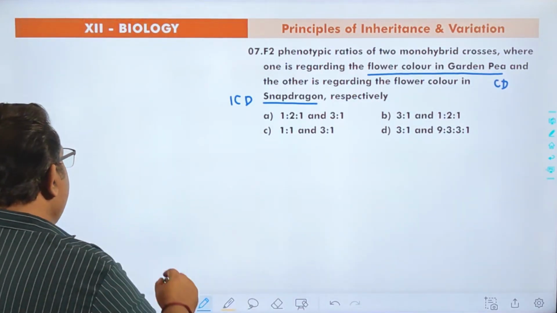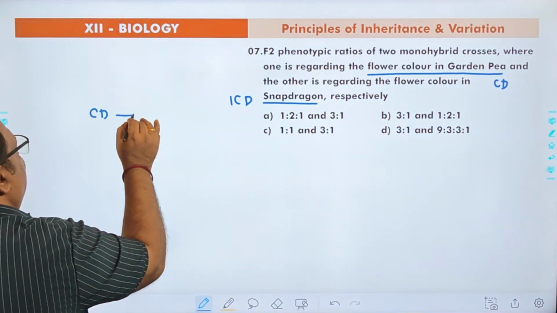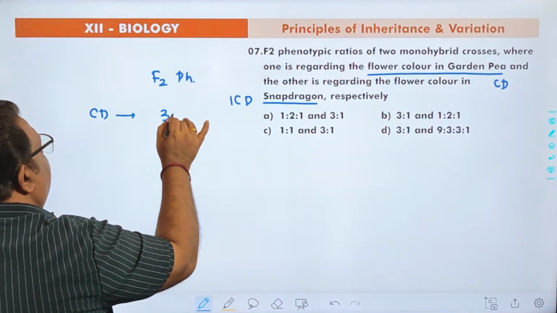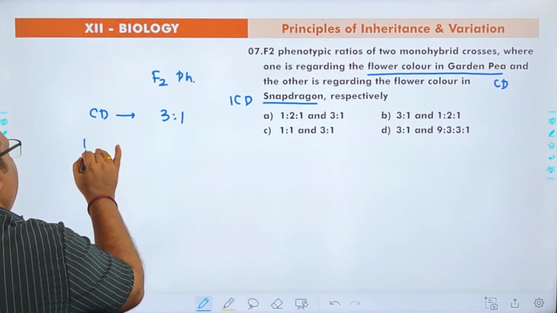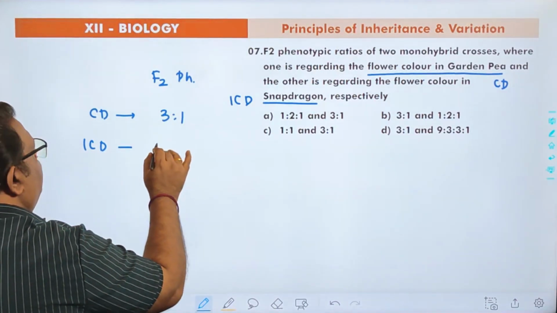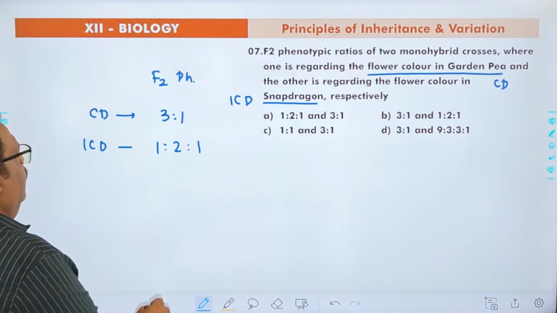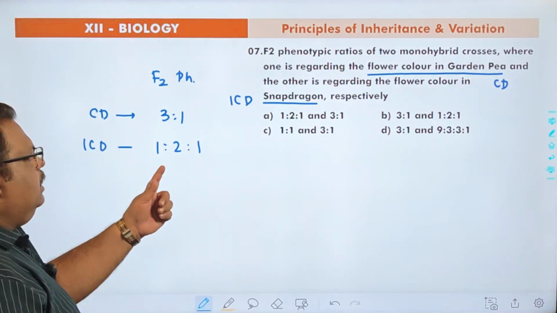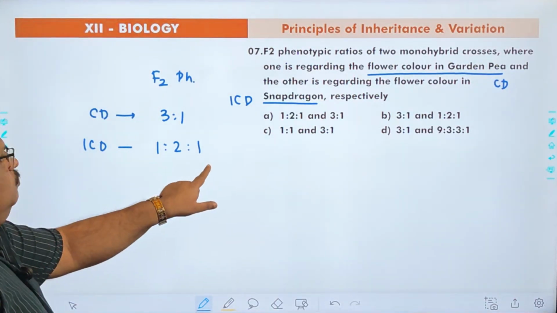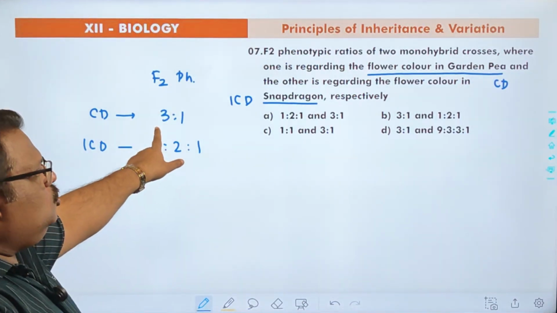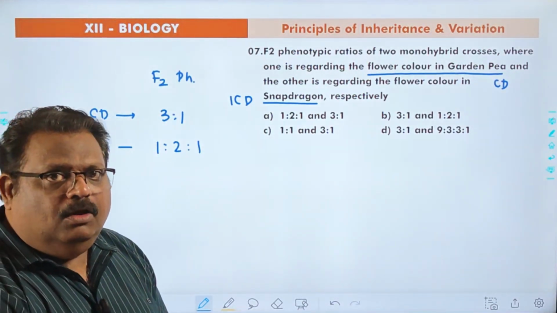In complete dominance, the F2 phenotypic ratio will be 3:1. In incomplete dominance, the F2 phenotypic ratio is modified into 1:2:1. In incomplete dominance, both phenotypic and genotypic ratios are 1:2:1. In complete dominance, the F2 phenotypic ratio will be 3:1 and the F2 genotypic ratio will be 1:2:1.